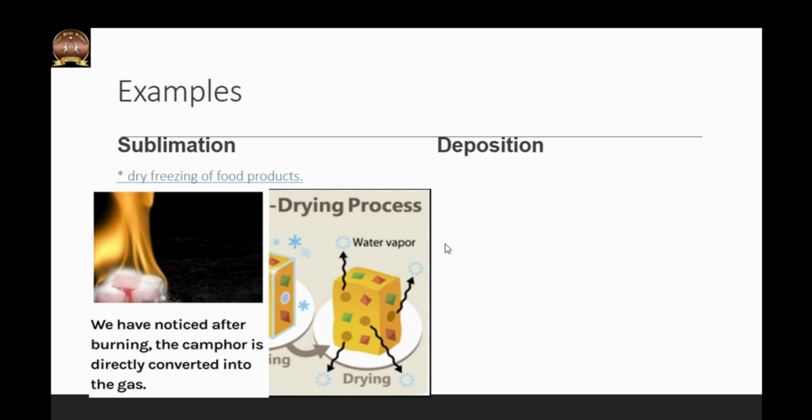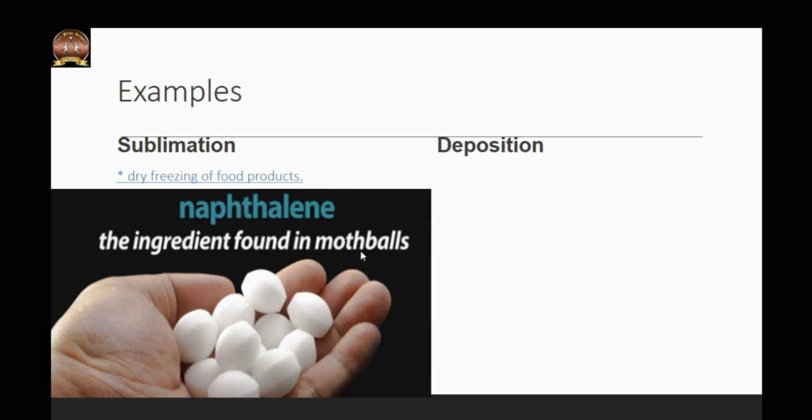Another common day-to-day example is the naphthalene balls, or more commonly known as mothballs. These are placed in cupboards or other places around the house which are prone to attract insects or bugs. Naphthalene balls also sublimate gradually, which keeps away the insects from entering the particular area.